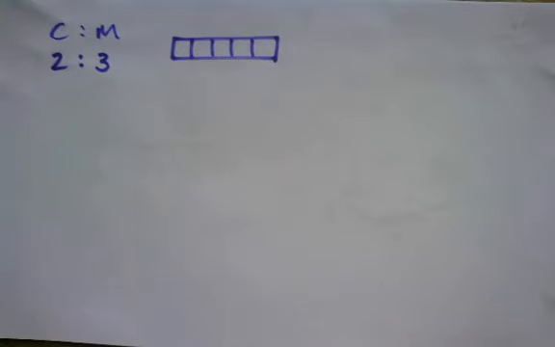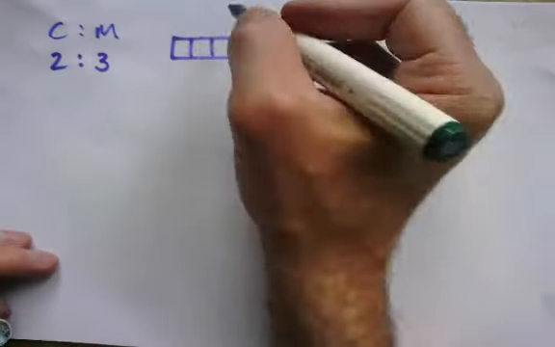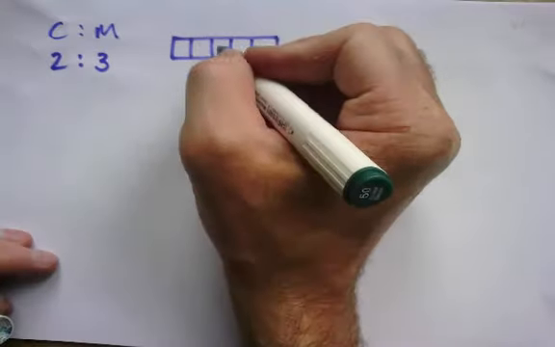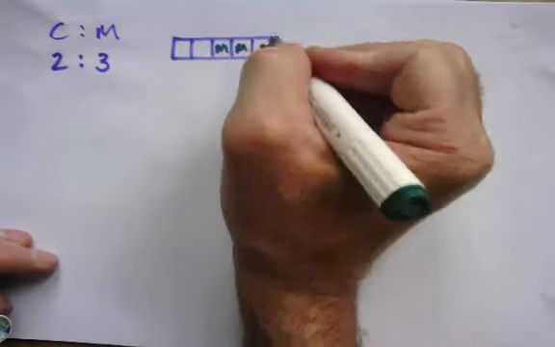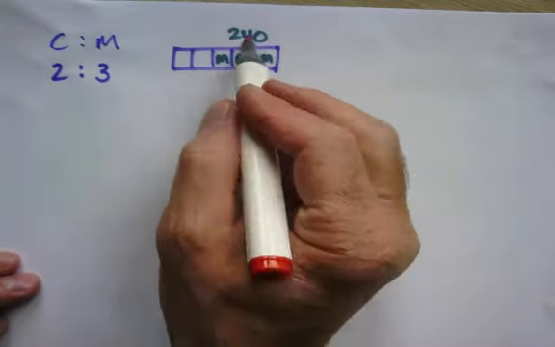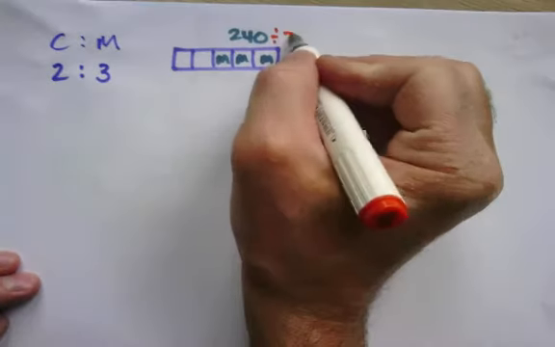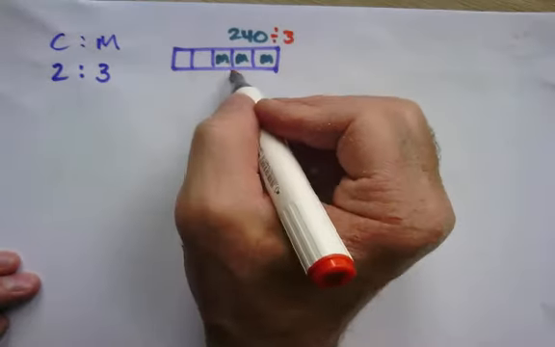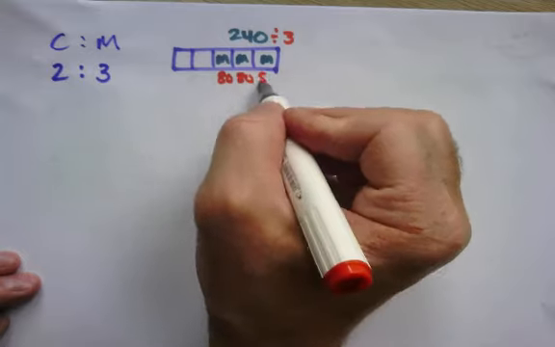But now, I didn't read this bit. Molly receives 240. Right, so this is Molly's part, because these are the 3 bits for Molly. And that's 240. So Molly gets those 3 bits. How much does Chris receive? Well, okay, so what you can see here is if those 3 parts equal 240, if I divide 240 by 3, I get 80 in each.